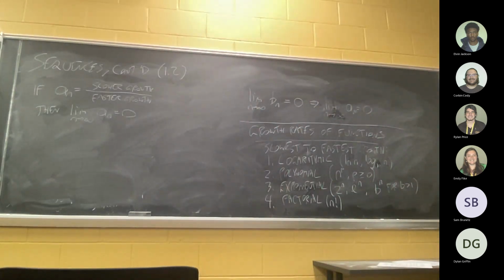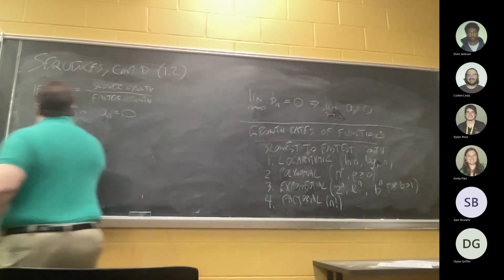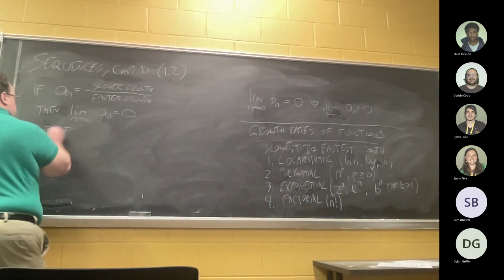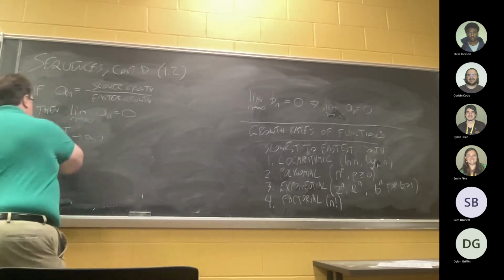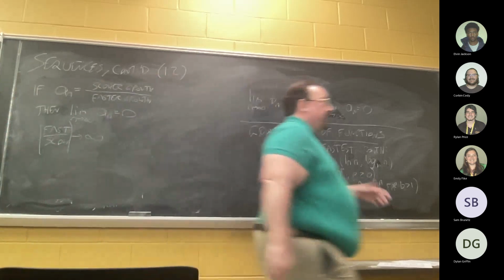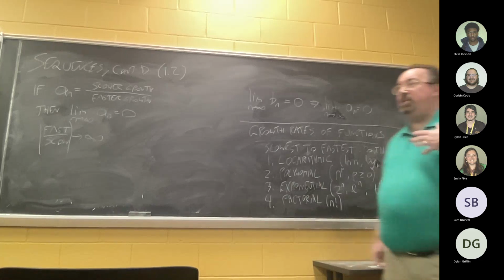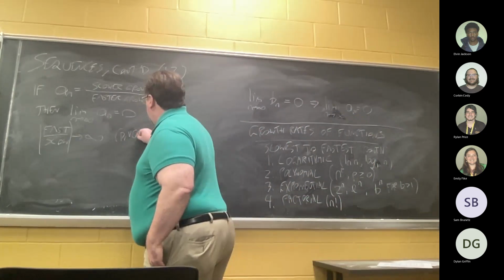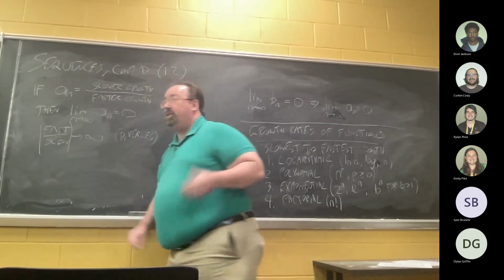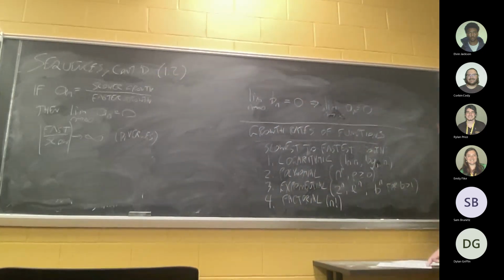Similarly, if I have faster growth over slower growth, like a factorial divided by n cubed, that's going to go to infinity, or minus infinity, depending on whether the expression is positive or negative. So in other words, faster growth over slower growth, that sequence is going to diverge. It's a way to quickly determine in certain cases whether a sequence converges or not.